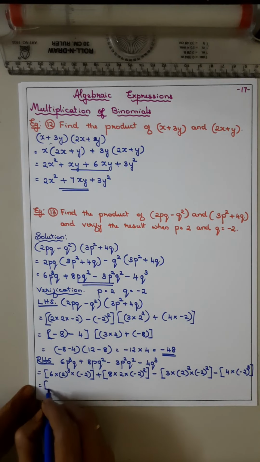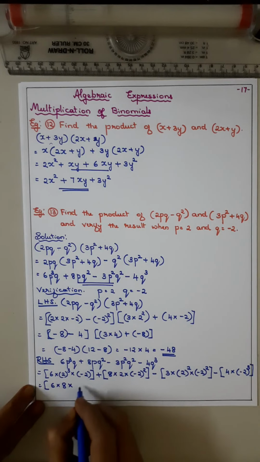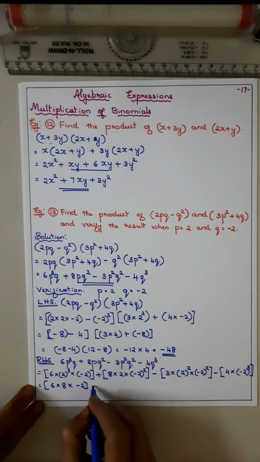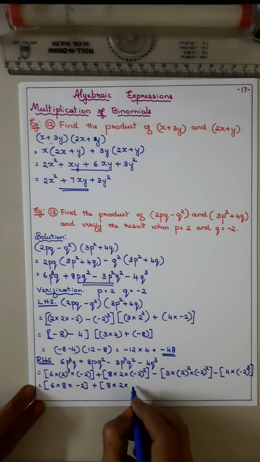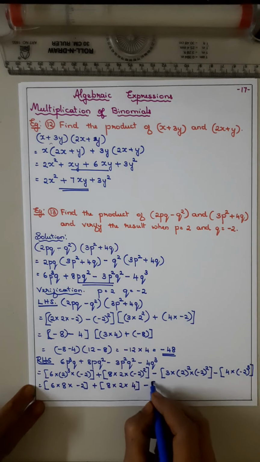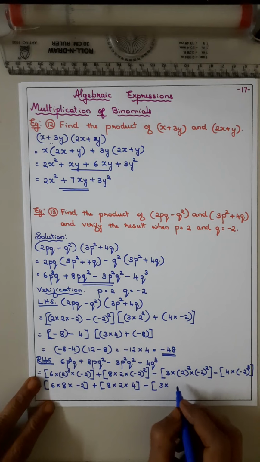Okay, now it becomes 6 into 2 cube is 8, into minus 2, plus 8 into 2 into minus 2 square becomes 4, minus 3 into 2 square becomes 4.